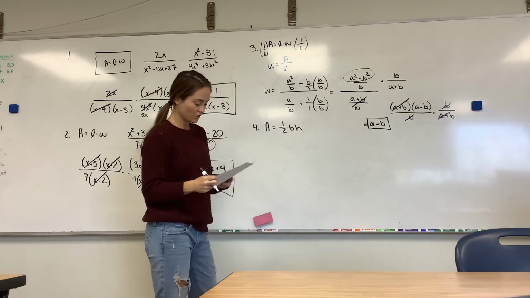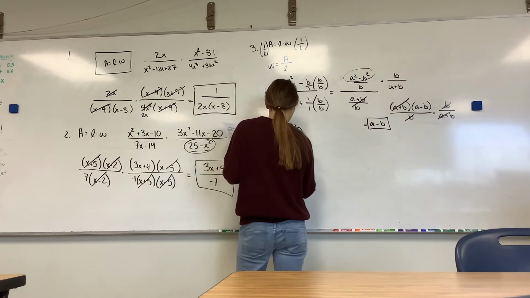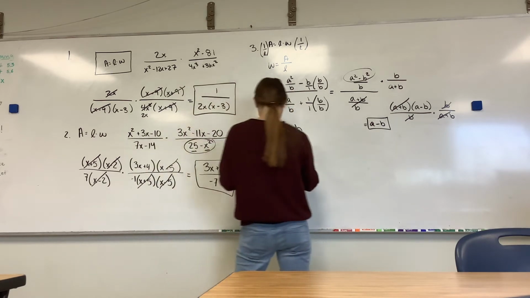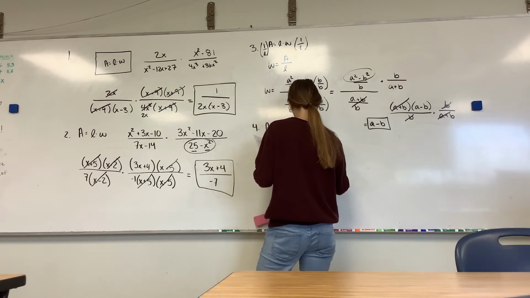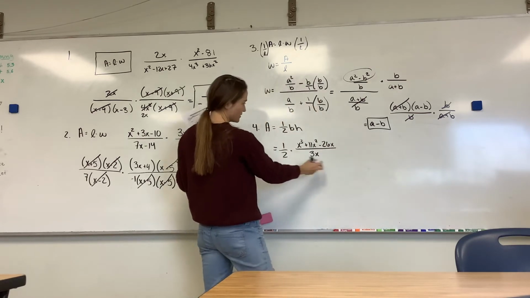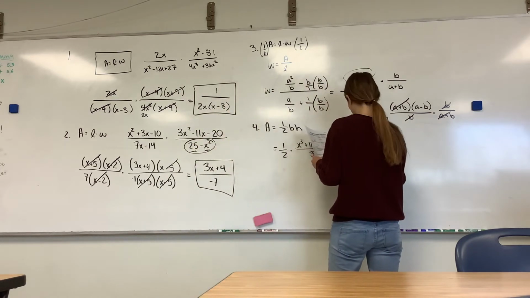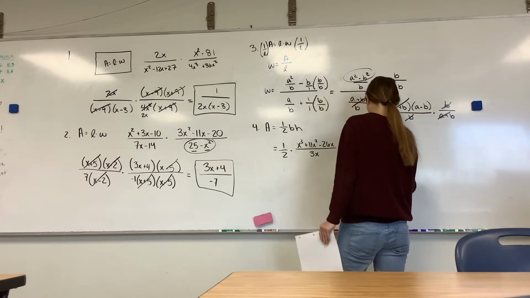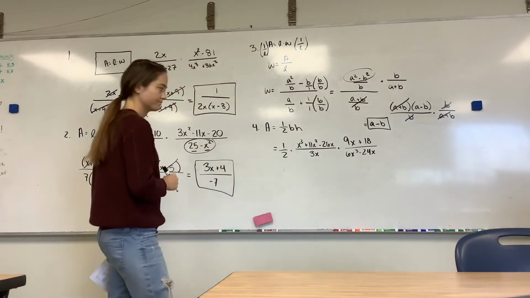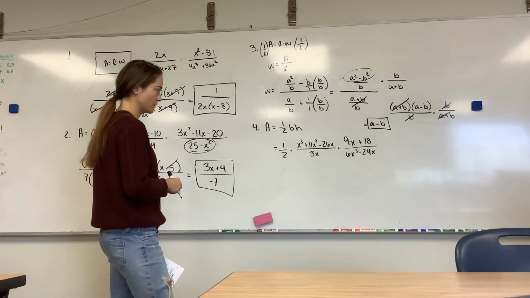So if you look at your sheet there, what you'll have to do to figure out area is say, okay, it's 1/2 times, and then the base I give you is x cubed plus 11x squared minus 26x all over 3x, times height, which I give you as 9x plus 18 over 6x cubed minus 24x. Not that bad, right? Just gotta simplify these expressions like we've been doing.